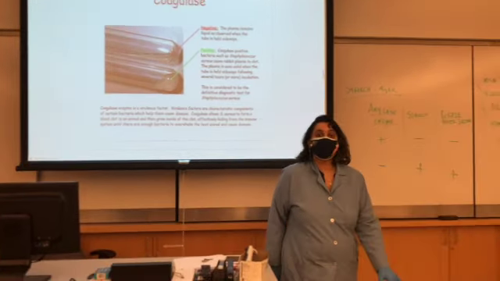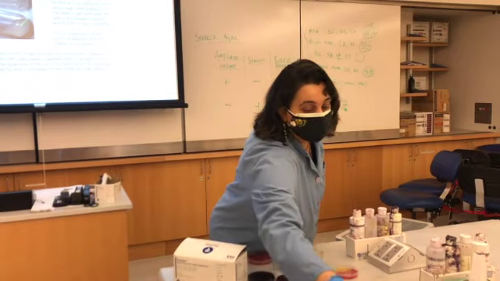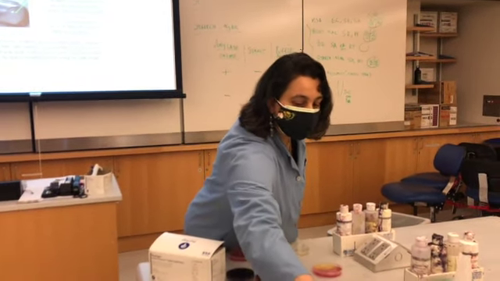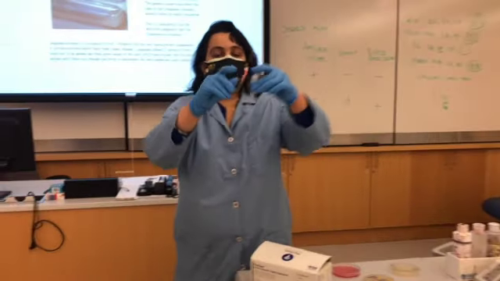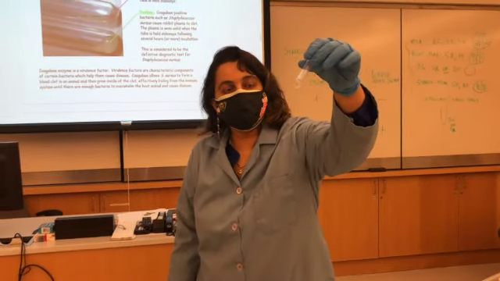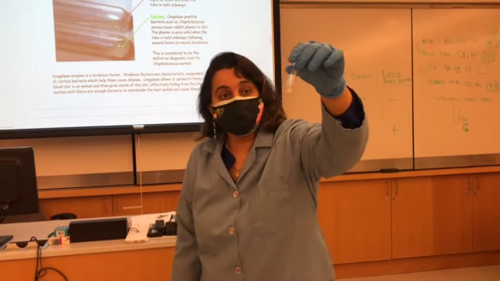Let's take a quick look at the coagulase tubes, or the rabbit plasma tubes. So this is rabbit plasma, which you can clearly see is liquid, before we add bacteria, before we add Staph aureus.